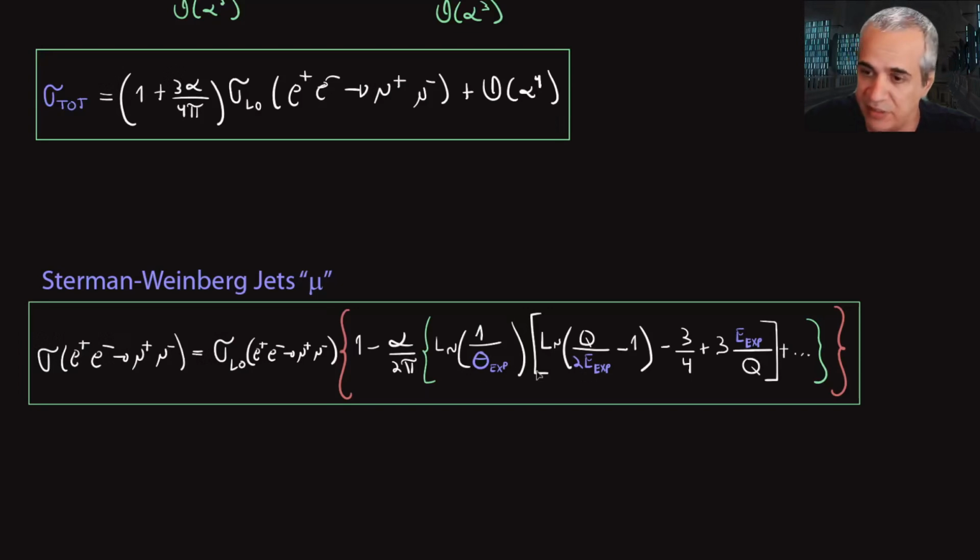In this case, I have physical infrared regulators, but suppose I do more and more sensitive experiments, I will never have a real infinity, because no matter how good your experiment is, you never have infinite angular resolution, nor are you able to measure arbitrarily small energies. So this is always finite, but these logs can get big, right?